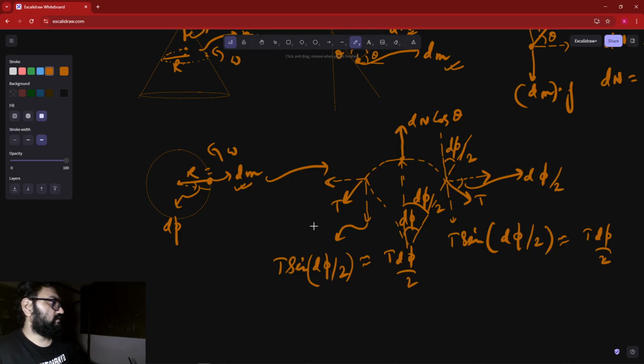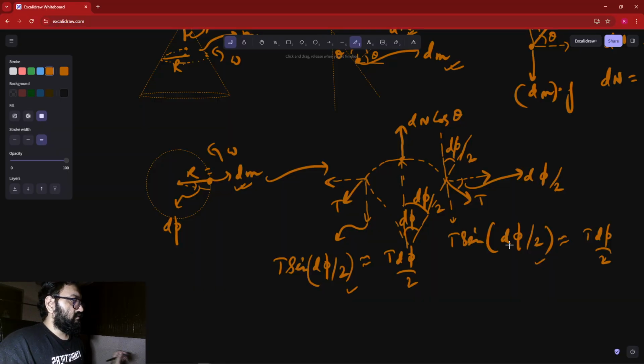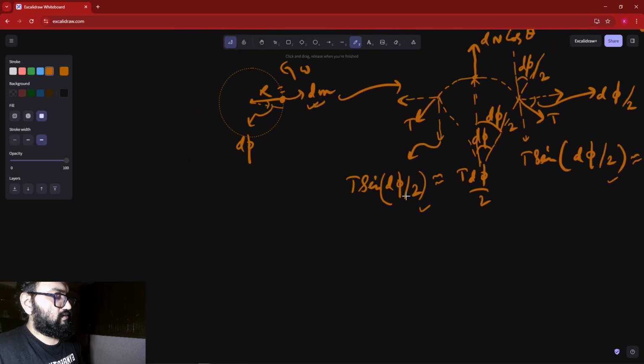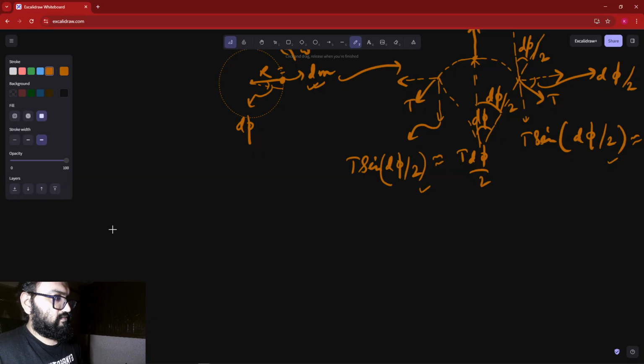Basically the horizontal components of t cancel each other off, and the components along the radial direction add. So the total sum of the components of t along r add up and become equal to t times d phi by 2 plus t times d phi by 2.